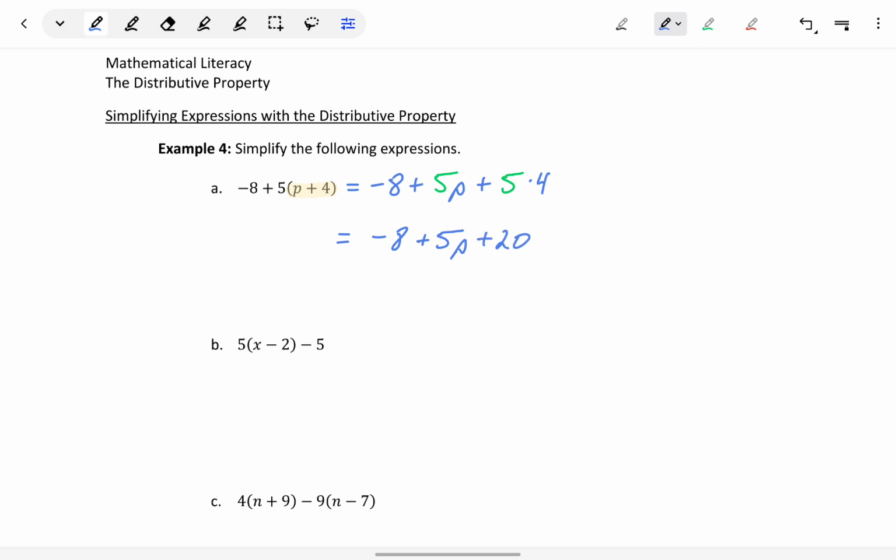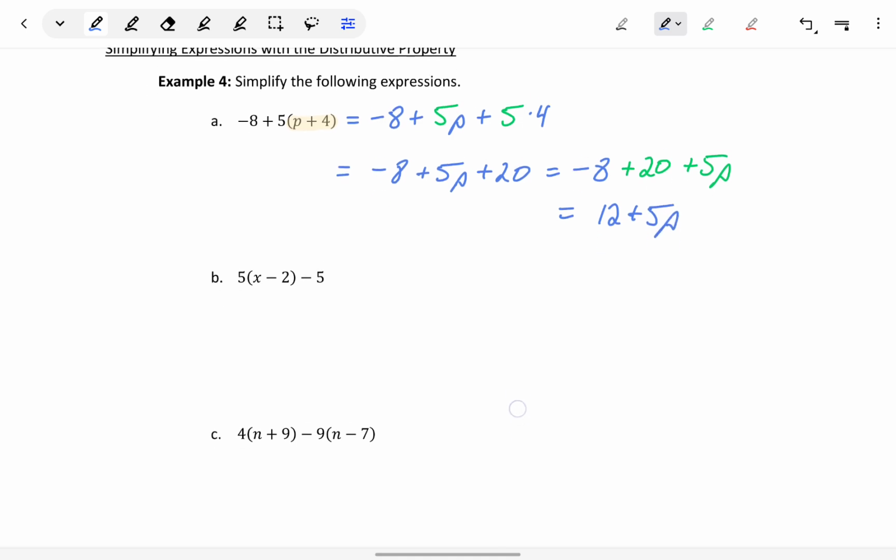And then whether or not we need to think about that commutative property of addition, we can reorder those addition steps to rewrite this as -8 plus 20 plus 5p. So now we can combine those like terms to get 12 plus 5p. Obviously a much simpler expression than what we started off with.